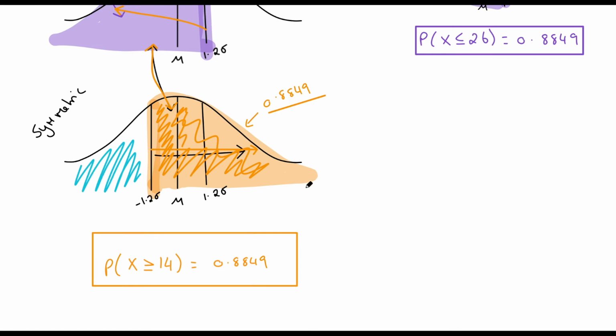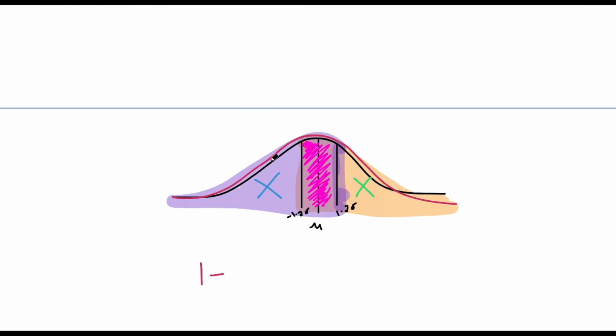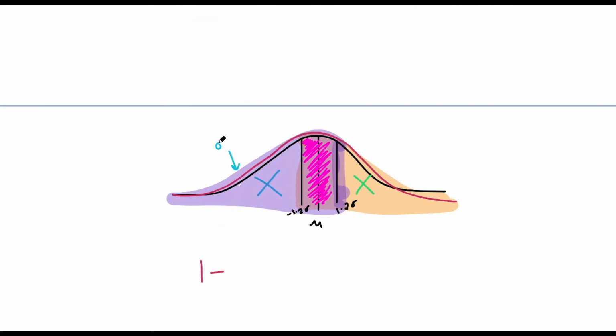The whole curve is 1. The yellow region is 0.8849. So yes, that region is going to be 1, the whole curve, minus 0.8849. And if we do that, we'll get 0.1151. So I do know that region. So I go back and I'm going to label it 0.1151.